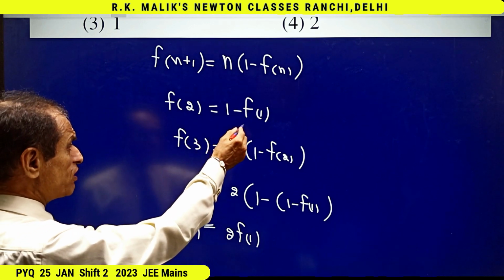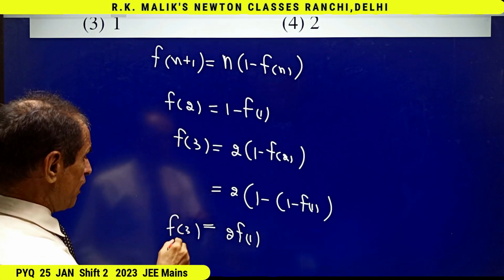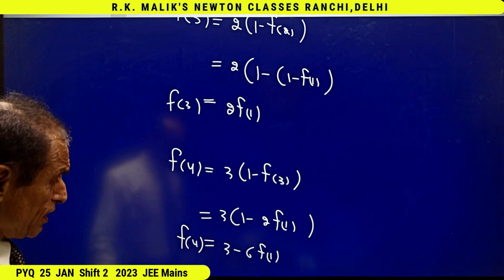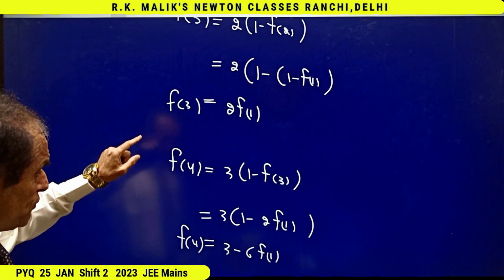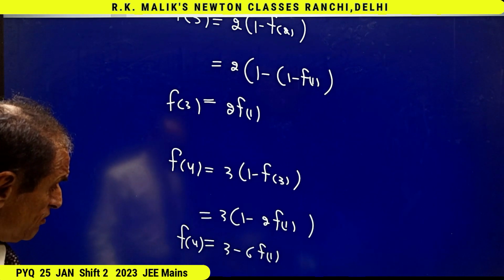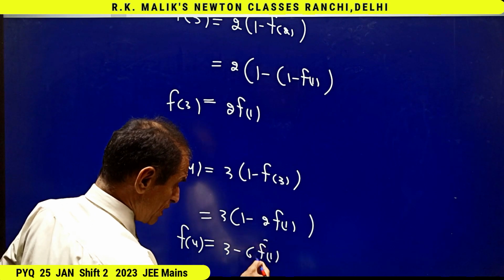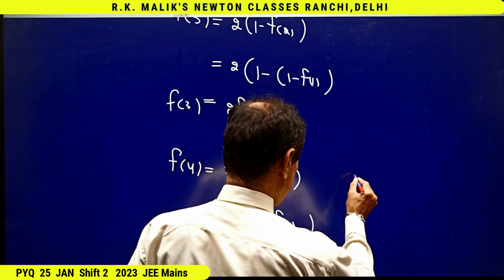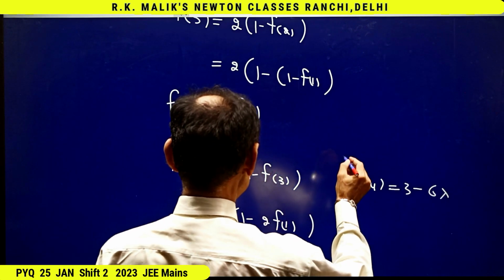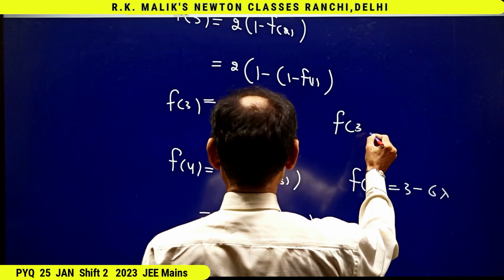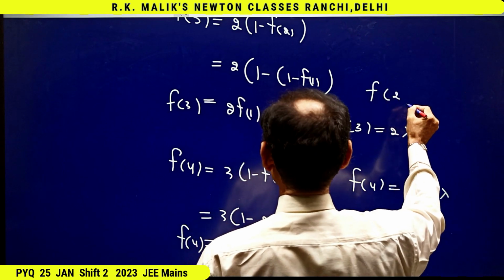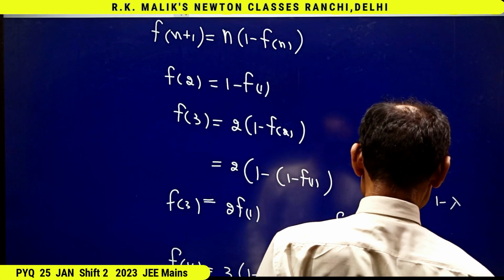And now once f1 is known to me, then I can get the value of f2, f3 and f4. But this should be taken care of, that the values of f2, f3, f4, all of them should lie between minus 8 and 8. For the time being I am writing f1 as lambda. Then f4 becomes 3 minus 6 lambda, f3 will be 2 lambda, f2 will be 1 minus lambda.